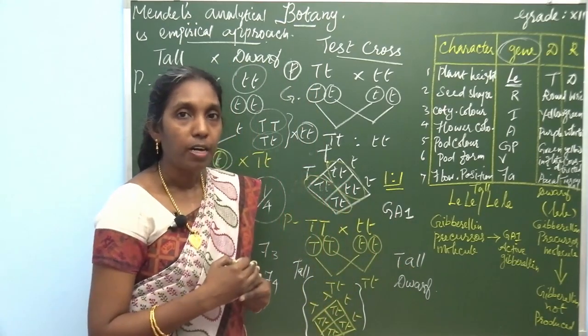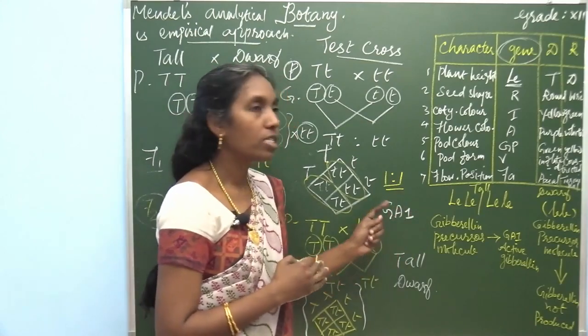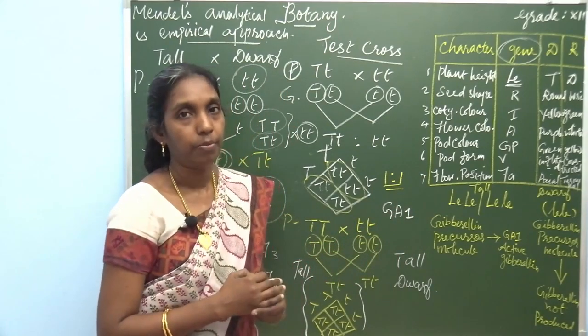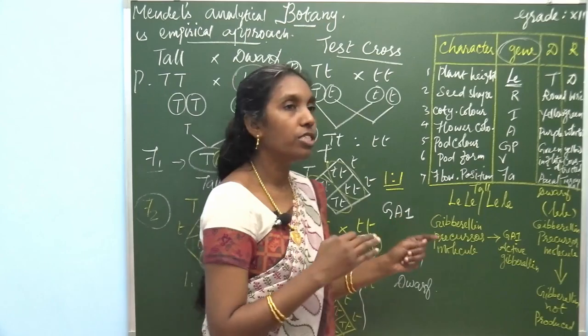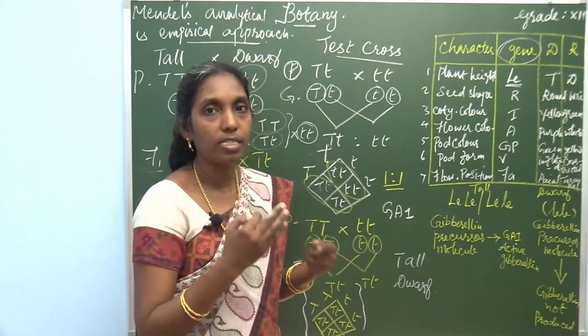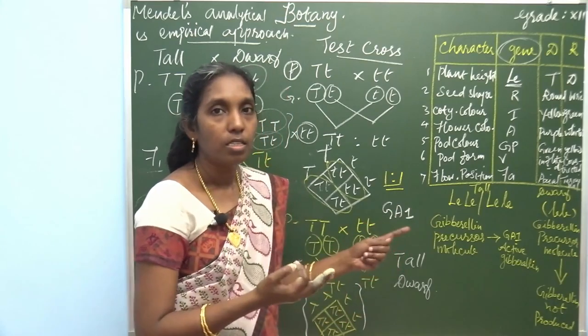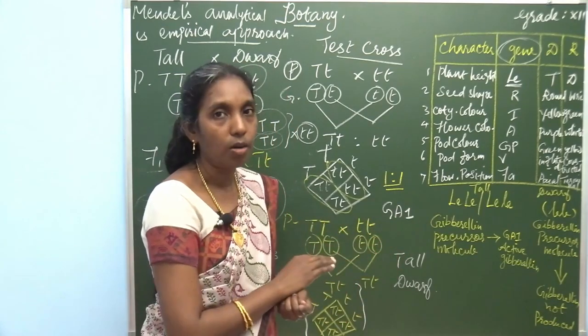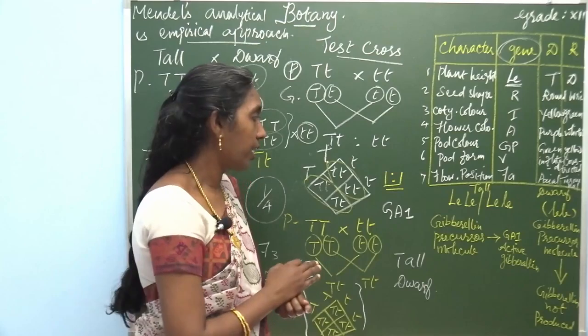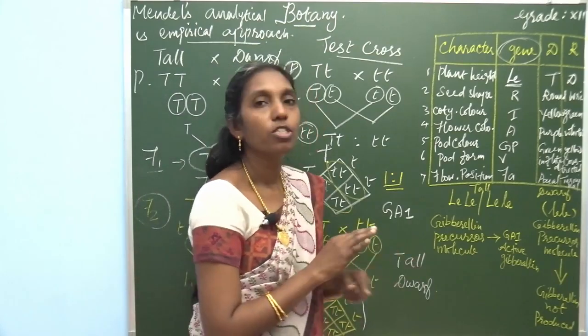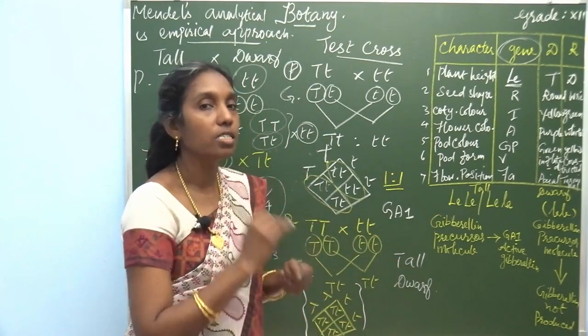But in dwarf plants, the encoded enzyme is not functioning. So, here the functioning enzyme converts the gibberellin precursor into GA1, which is present in the tall plant. So, it expresses the tall character. But the dwarf plant does not produce it, so it is in recessive form.